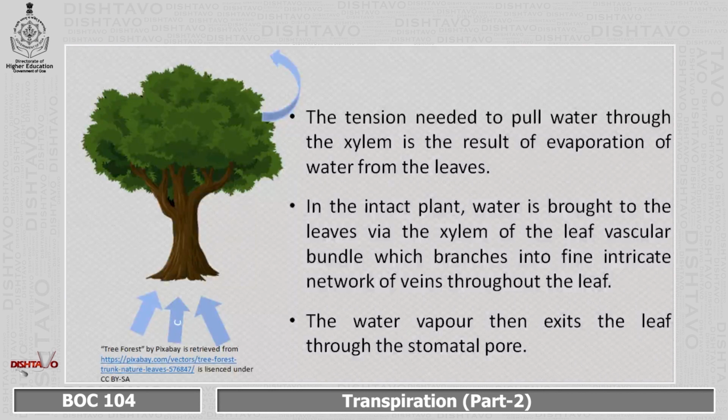The tension needed to pull water through the xylem is a result of evaporation of water from the leaves. In intact plants, water is brought to the leaves via xylem of the leaf vascular bundle, which then branches into a fine, intricate network of veins through the leaves. The water vapor then exits the leaf through the stomatal pore.